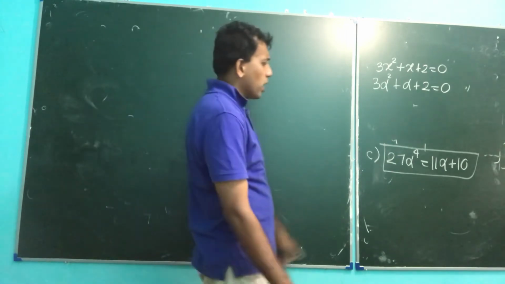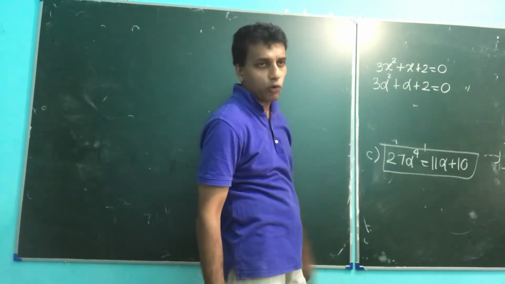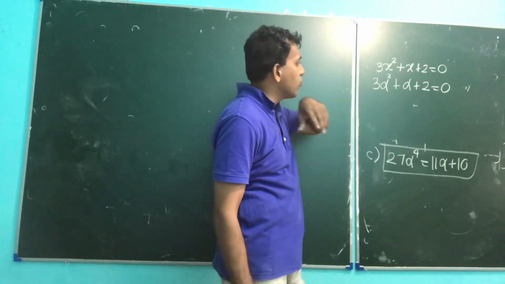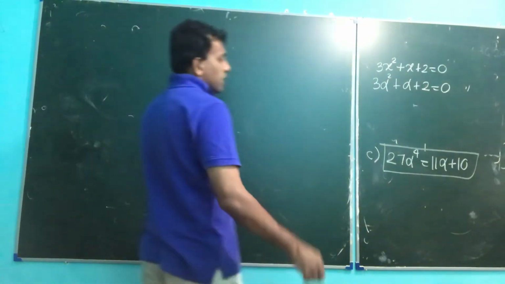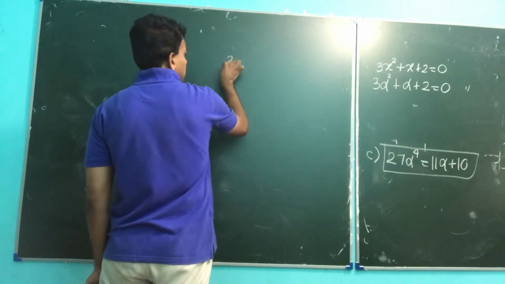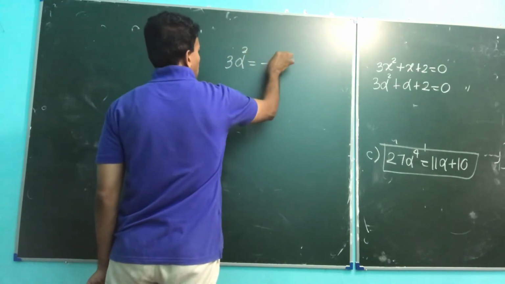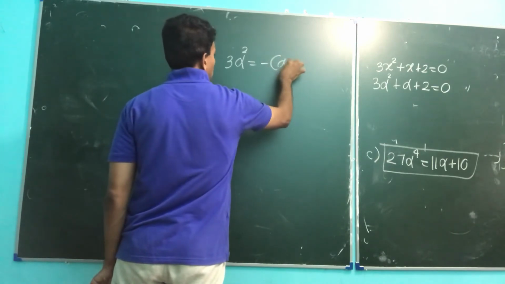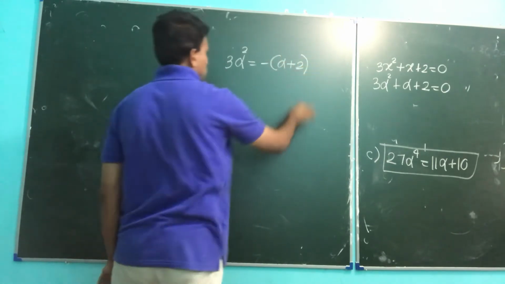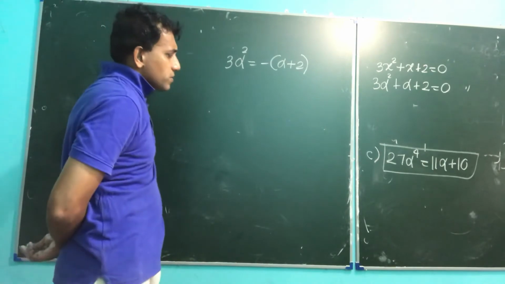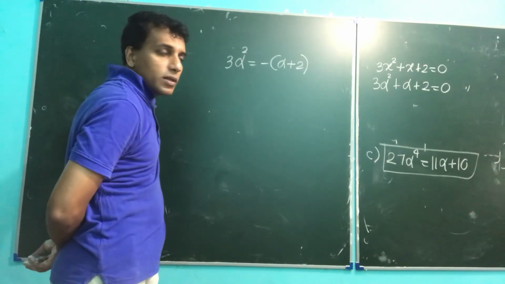The question is 27 alpha power 4. But here 3 alpha square is available. See, therefore, can I write the 3 alpha square is minus the other parts, on the other side, like this. Now what?